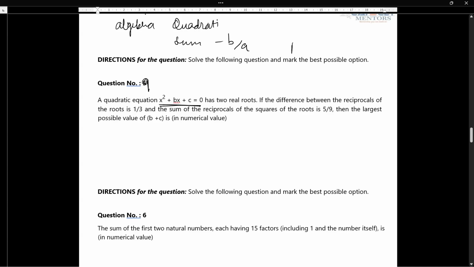Product of roots is c by a. If you know this and you know how to solve equations, you will be able to do this question. Because if the difference between the reciprocal of the roots, let us assume the roots are alpha and beta, then the difference between reciprocal of the roots is 1/3. From here, I can get a relation in alpha and beta.